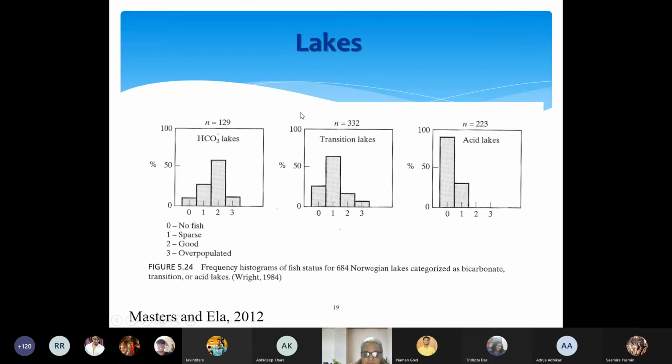There may be other factors. Then as the pH goes down, you can see the number of lakes with transition or acidity in the lake water are much higher. And you can see the fish population going from being dominated by sparse fish population to 0 fish population. So you can see the impact of acidity or pH drop on the fish population in these lakes.